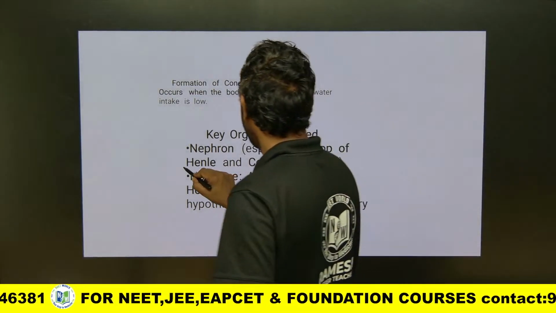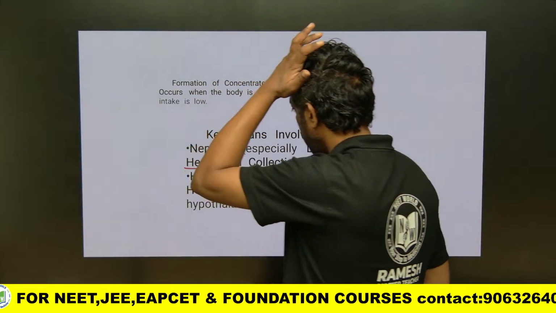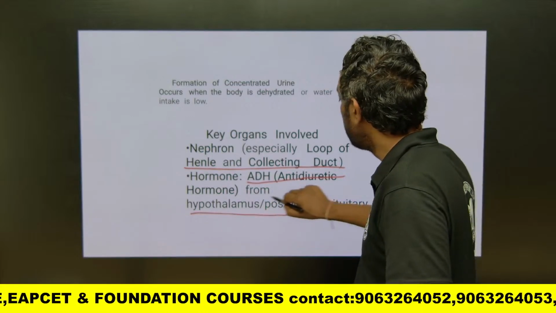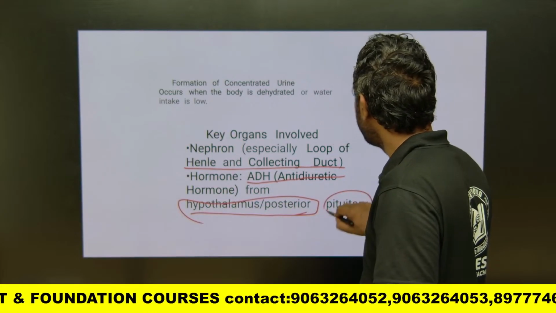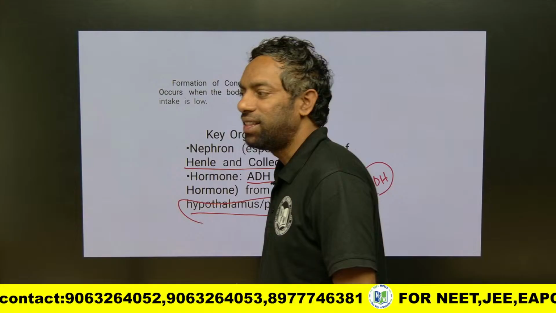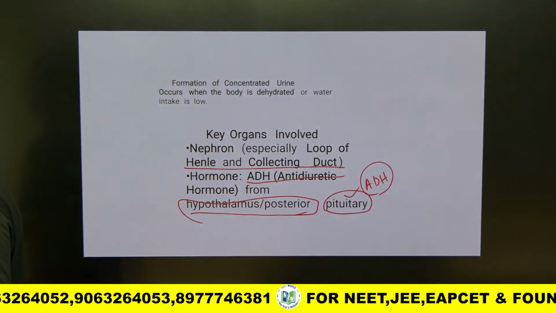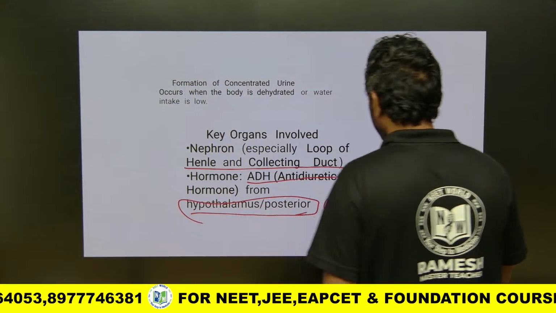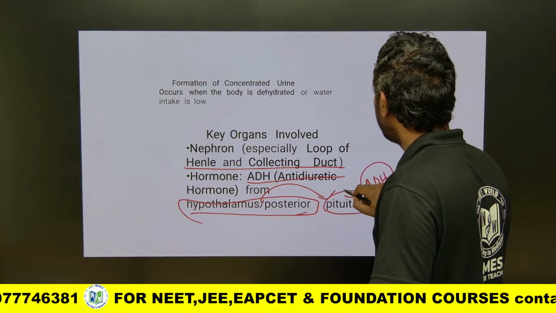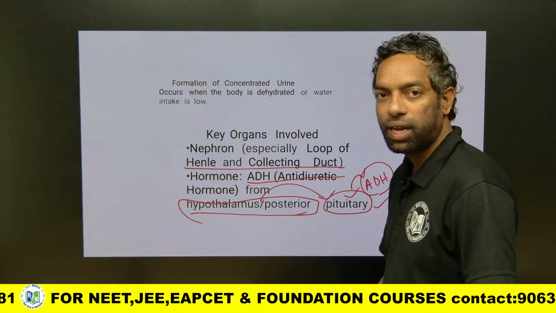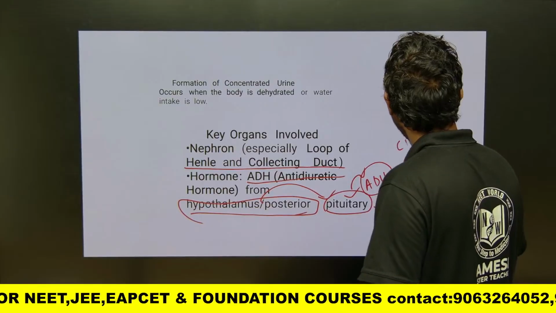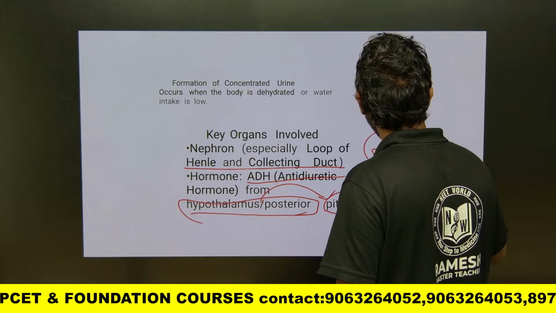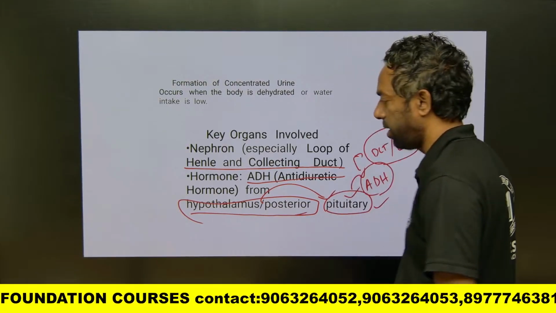The hormone is ADH, antidiuretic hormone, produced in the hypothalamus and released from the posterior pituitary. It acts on the collecting duct and DCT.